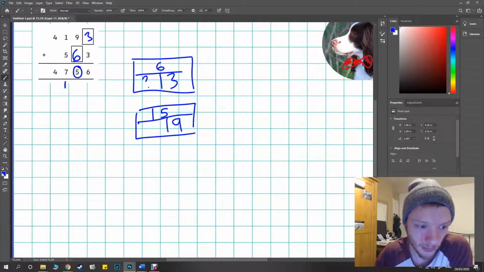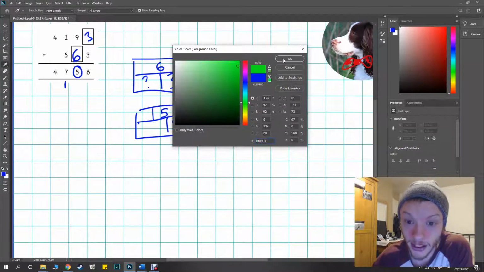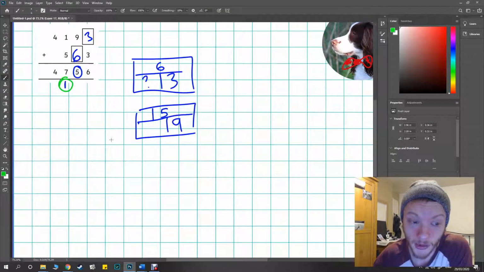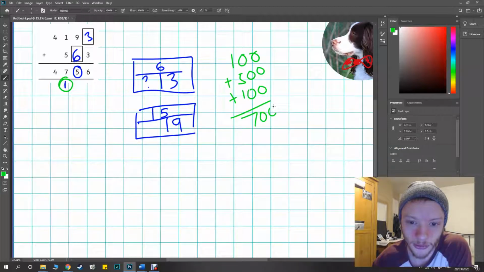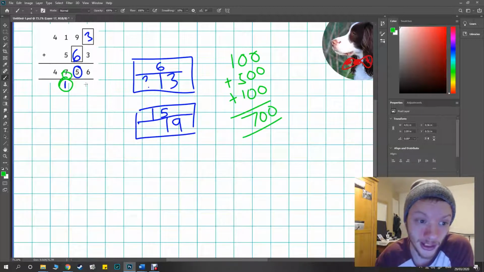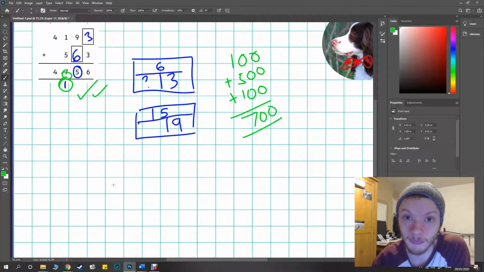So to check it, we've got this next column here. This next column has to work with a 1 carried through, otherwise our answer is wrong. We've got 100, add 500, add 100 makes 700. Well, 1 and 5 is 6, add 1 is 7, 700, so that has to be correct.